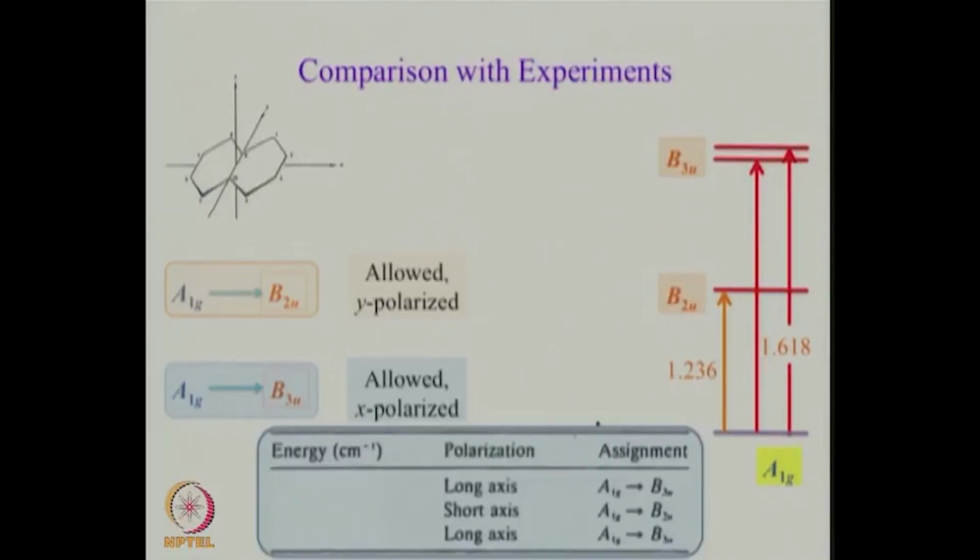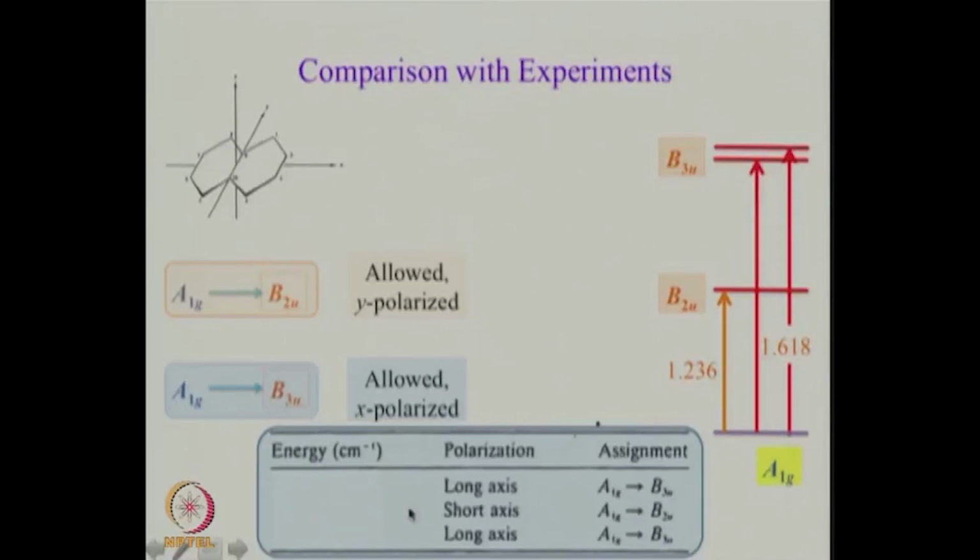And now, moment of truth, we have to look at actual spectroscopic data and compare. This is your spectroscopic data. You do have 3 transitions, one along the short axis, and we assign it to A1G to B2U. You have 2 other transitions polarized along the long axis. We assign them to AG to B3U, right.